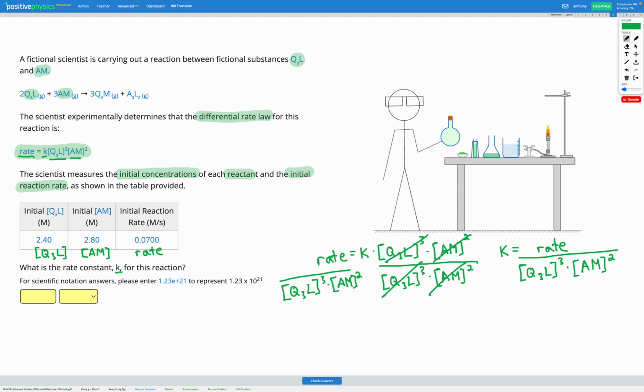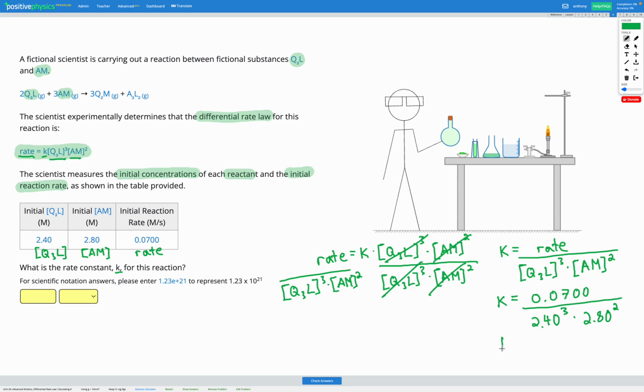Let's put in our numbers to figure out what K is going to be. So our initial reaction rate was 0.0700 from our table. The concentration of Q3L initially was 2.40, and that's cubed. And the concentration of AM initially was 2.80, and that's squared.